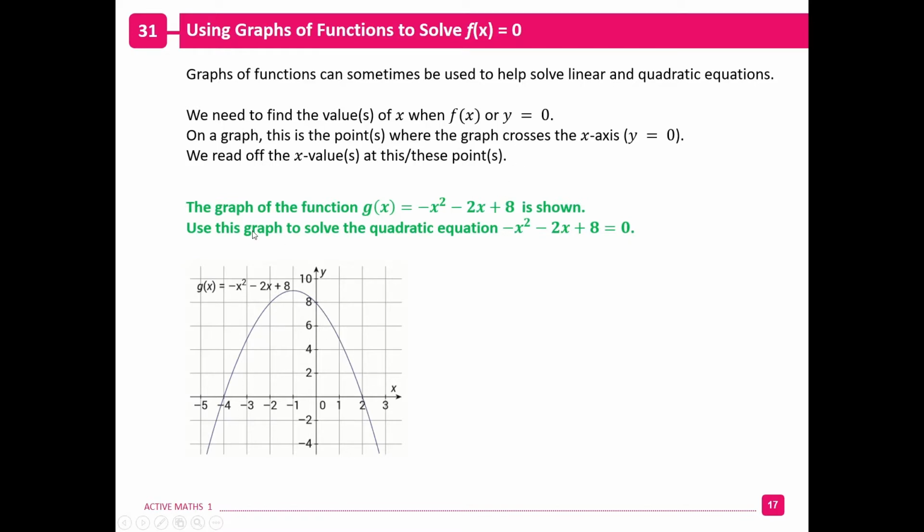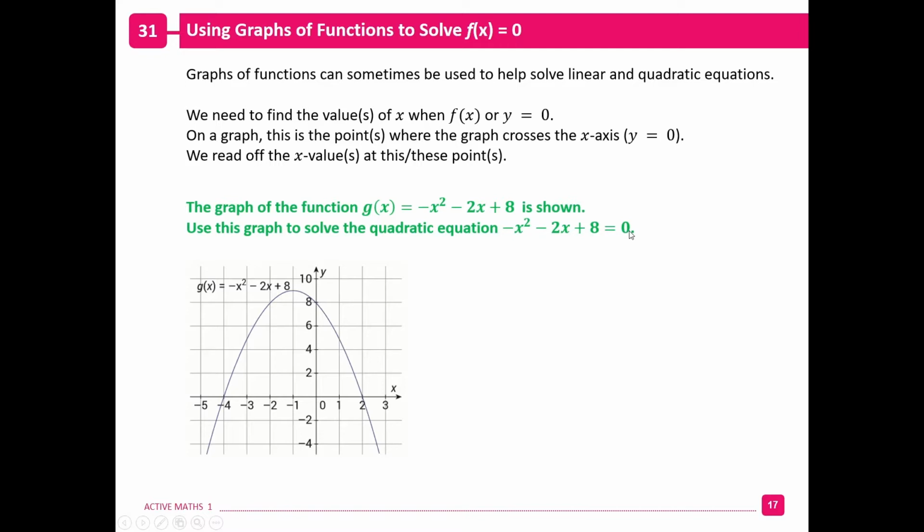Now, what we're going to do is work out how to solve this quadratic function, which is a quadratic equation. And that simply means knowing when the output is 0, so the function has the answer 0.